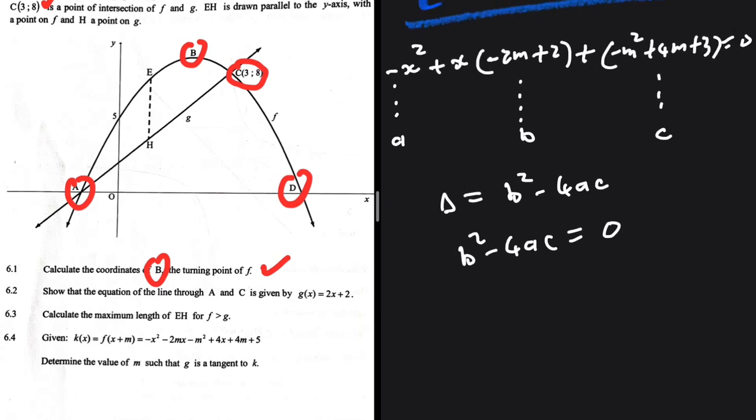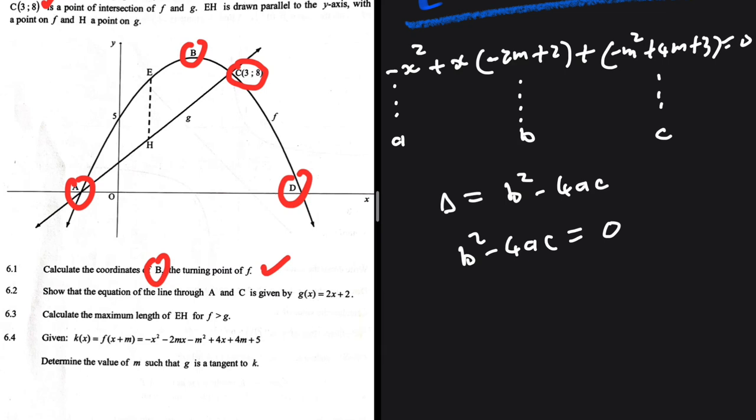Why do we need this delta? Because when this delta is equal to 0, g of x and k of x only touch once. When that thing is equal to 0, they only touch once. That is very important to realize.